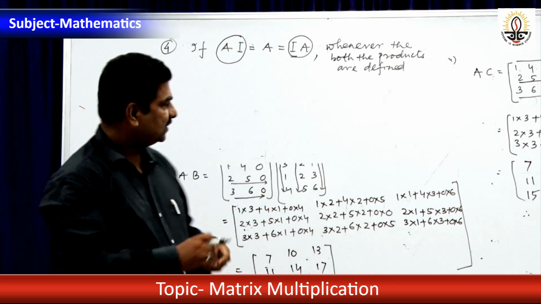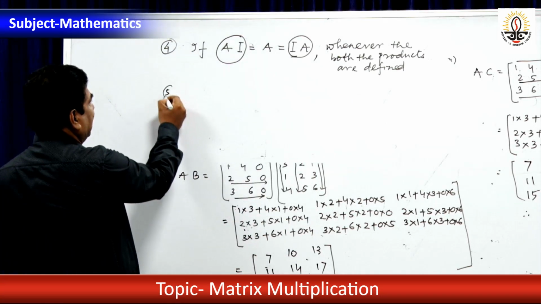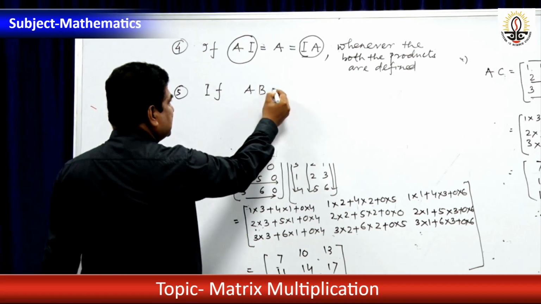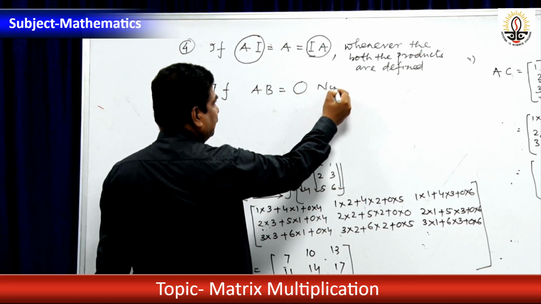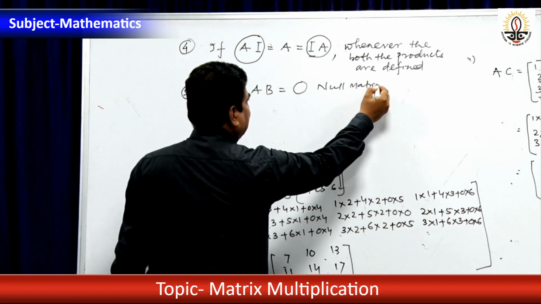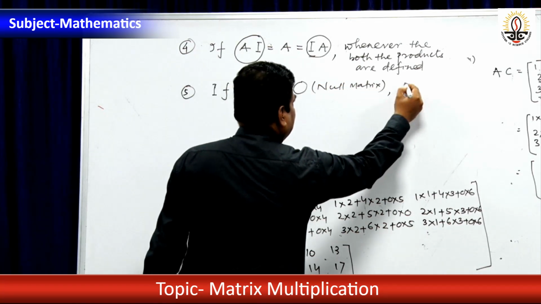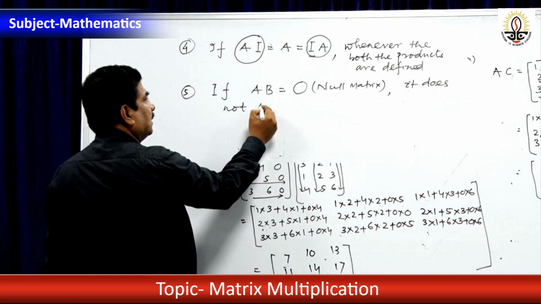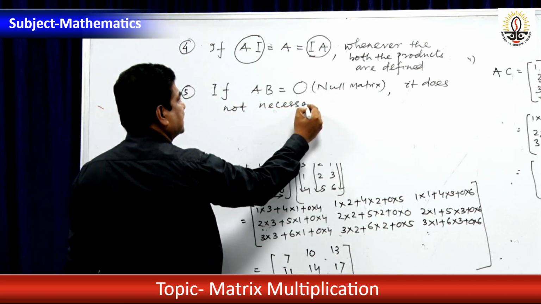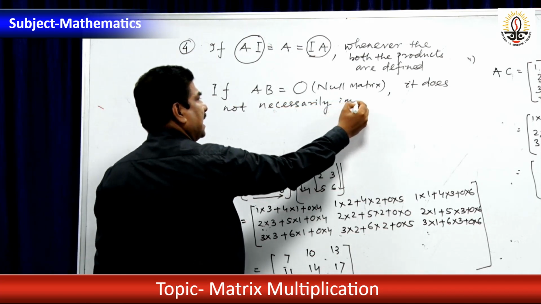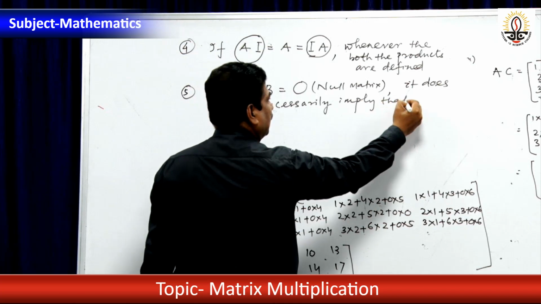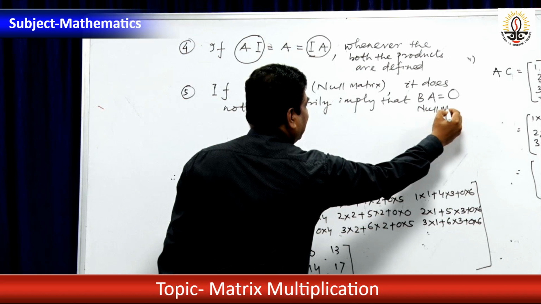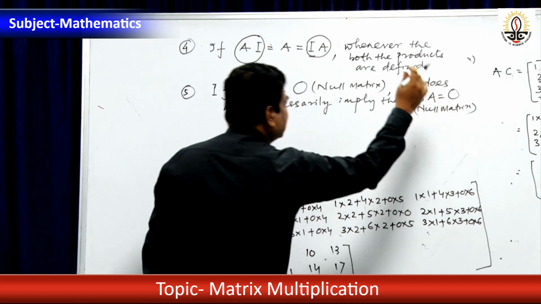Whenever both the products are defined. And the fifth point is very important again. If AB is equal to a null matrix, it does not necessarily imply that BA is equal to a null matrix dear.